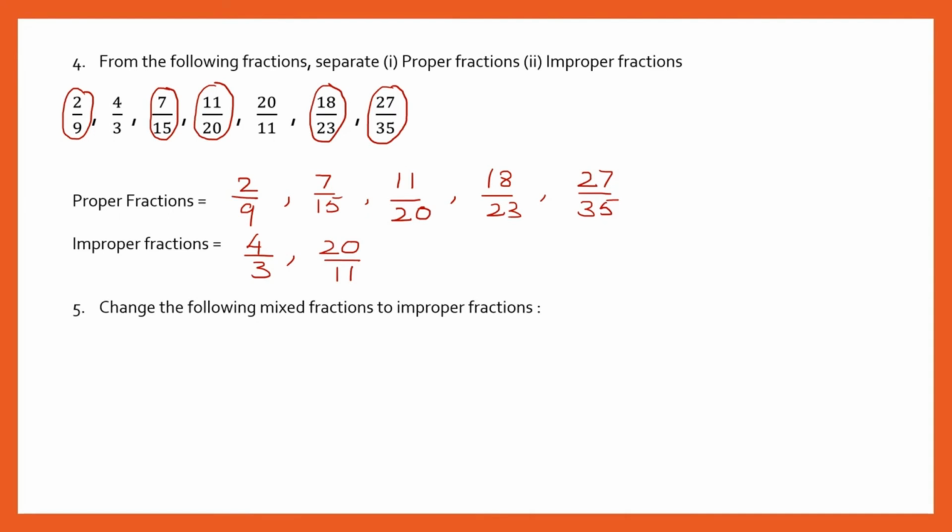Change the following mixed fractions to improper fractions. Okay, so we did a similar one with fill in the blanks. Let's do it here. So how do we do it? 5 2s are 10. So multiply the denominator and the whole number first and add 1 to it. The denominator remains the same. So let's do this. 5 twos are 10 plus 1, 11 by 5.